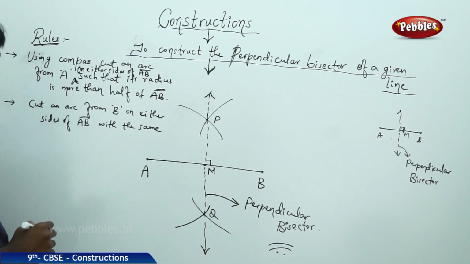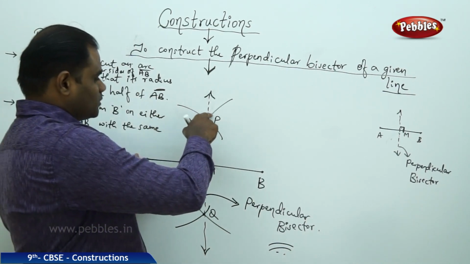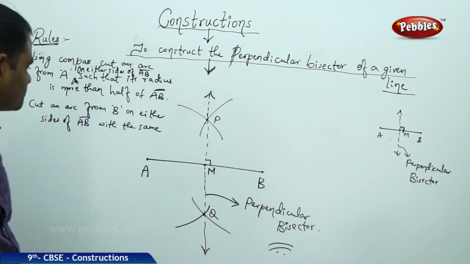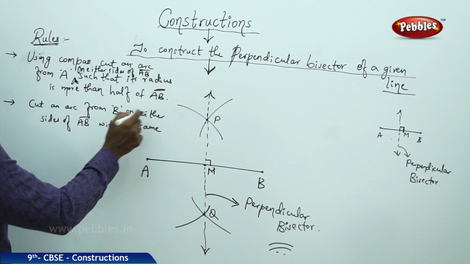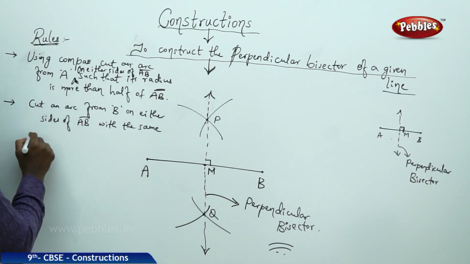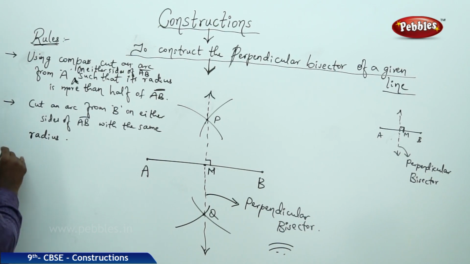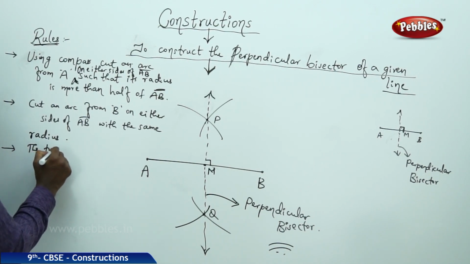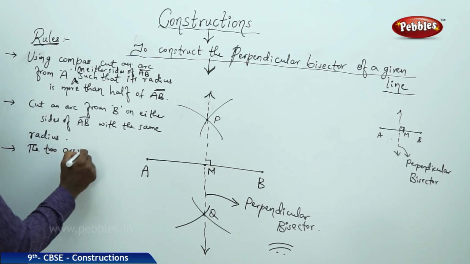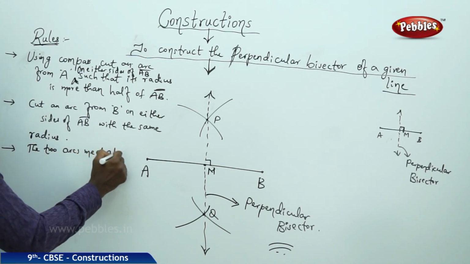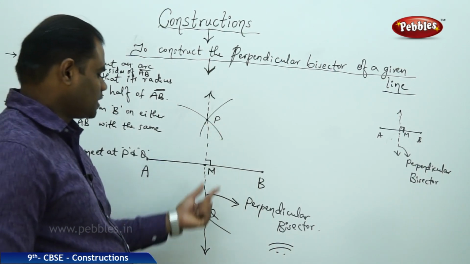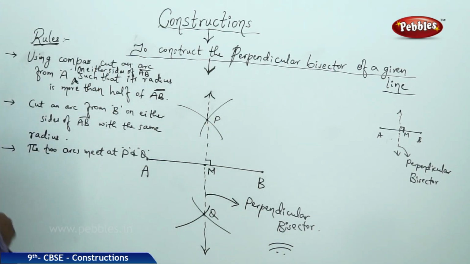Now here I do not disturb the radius from A, but with the same radius I repeat the same process, but now from point B. Cut an arc from B on either side of AB with the same radius. The two arcs meet at P and Q. As can be seen, the two arcs meet at P and Q.